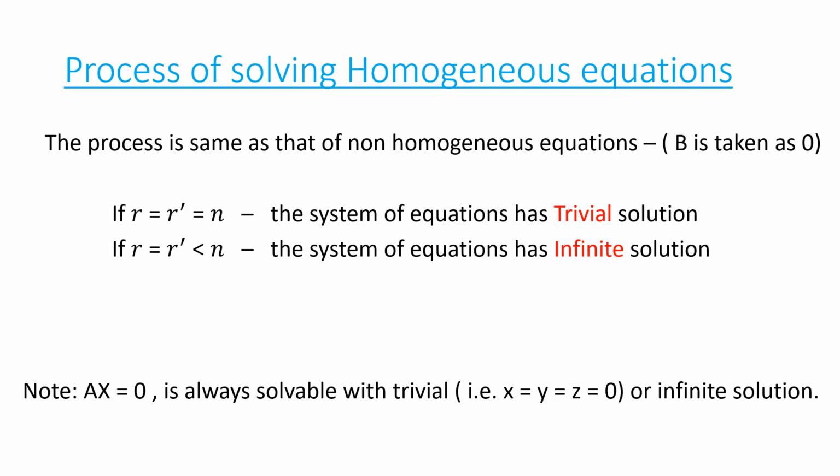Trivial solution means x is equal to 0, y equal to 0 and z is equal to 0. If r is equal to r dash and that is less than n, the system has infinite number of solutions. We also say that Ax is equal to 0 is always solved with a trivial solution or an infinite solution. For a homogeneous equation, there exists a solution always.